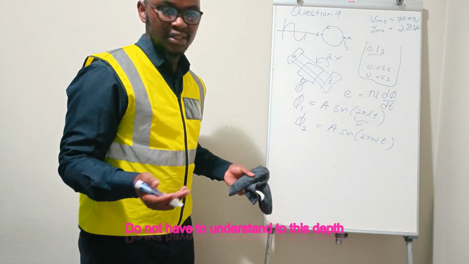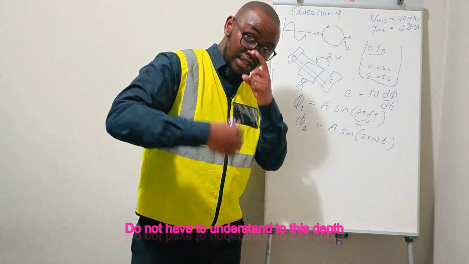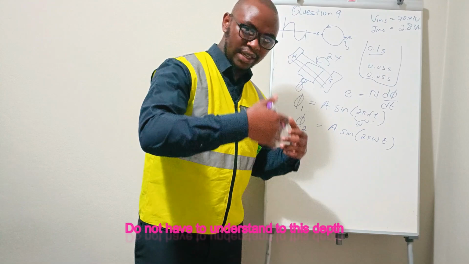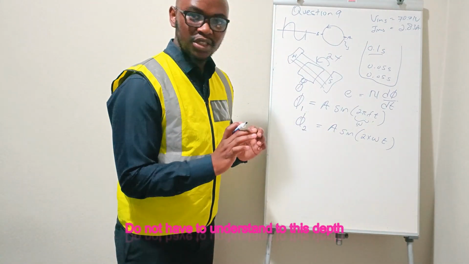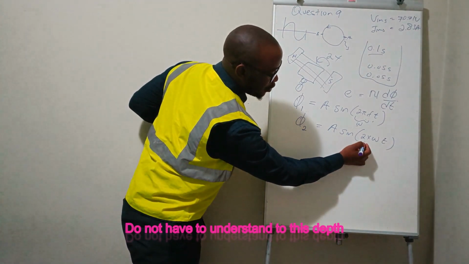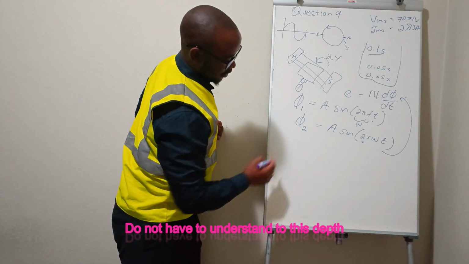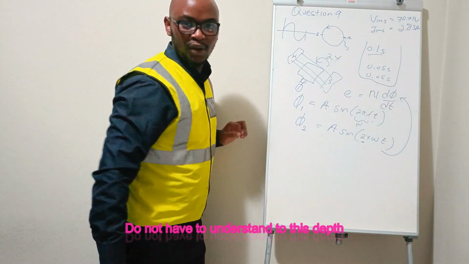Why is this important? I'm trying to clarify that if you rotate your generator faster, you put in more force, you're going to get more voltage out. But what's the proportion to that? This 2 that we have here, we'll have to plug into the equation. We have the flux, and we have to find the derivative of flux.